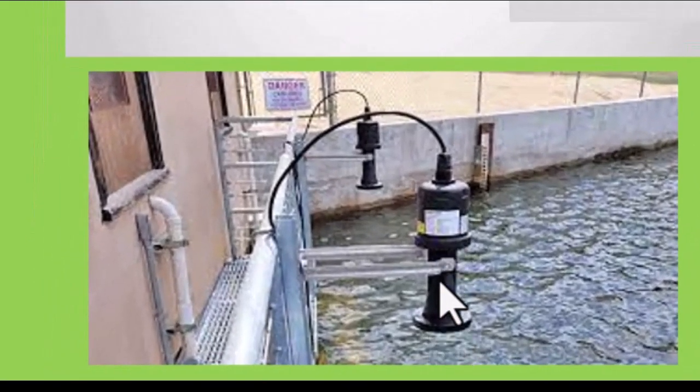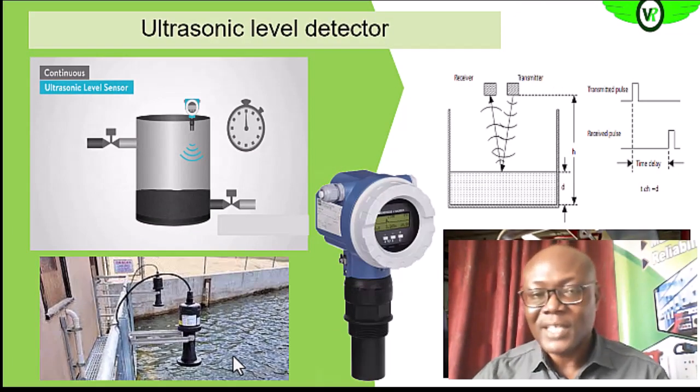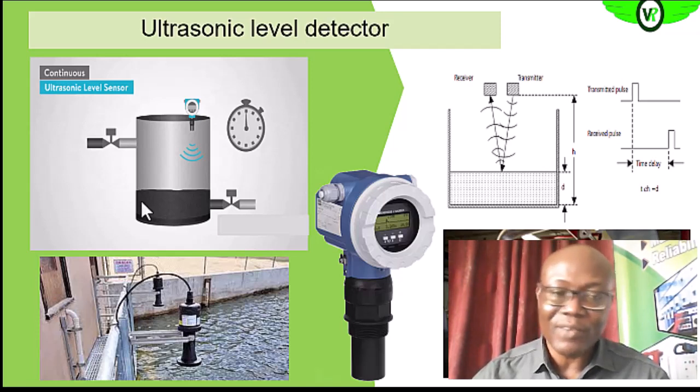As it is emitted, it goes to the liquid surface. I guess this is water. It is reflected back, and then the time of travel indicates the level to which the water is in that container or in that reservoir.